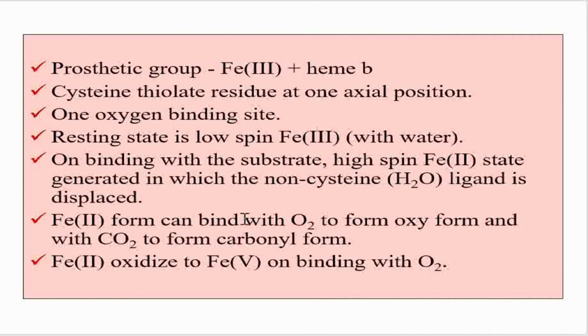So it can bind with O2 or with CO. Then this Fe2+ is oxidized on binding with O2. That we will see in the mechanism of the reaction of cytochrome P450.